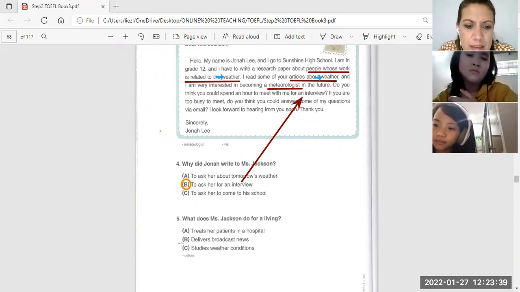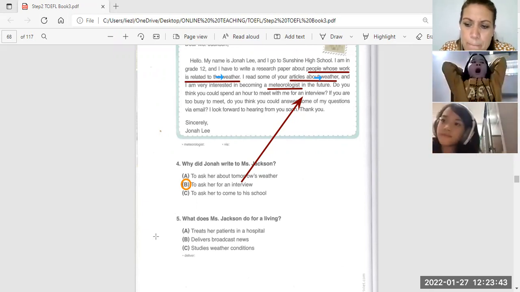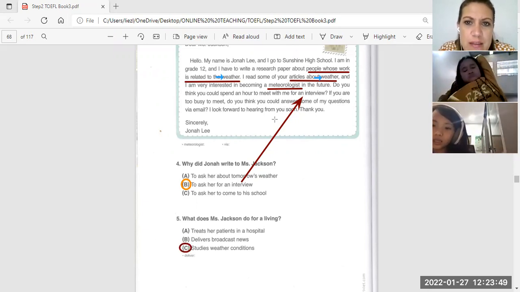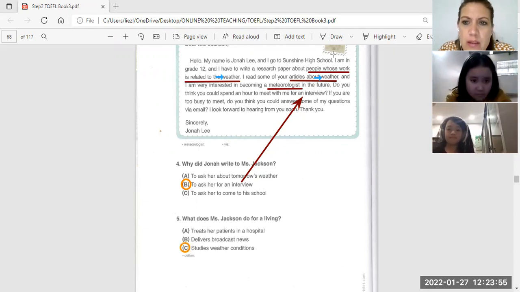Weather, weather. So what's your number there? C. Yes, she studies weather conditions. Good, you must make sure of your answer. She studies weather. There we go.